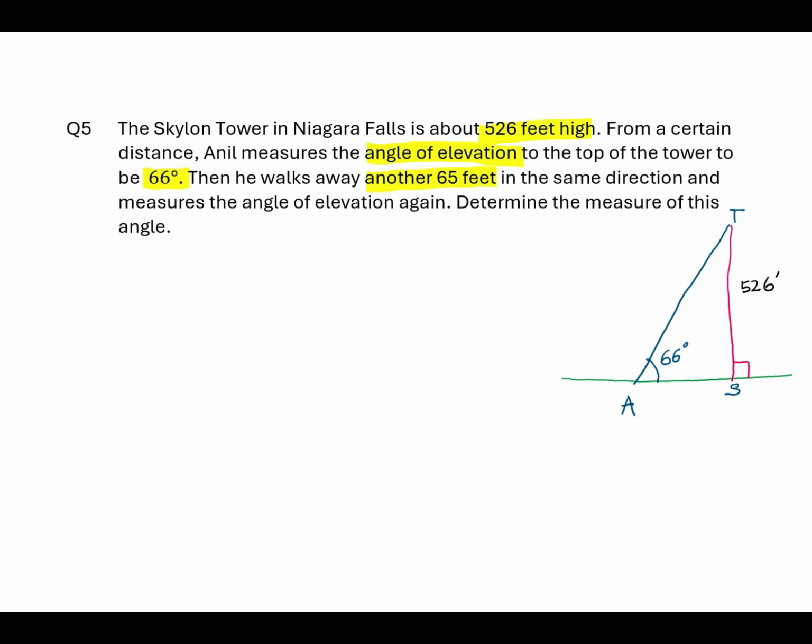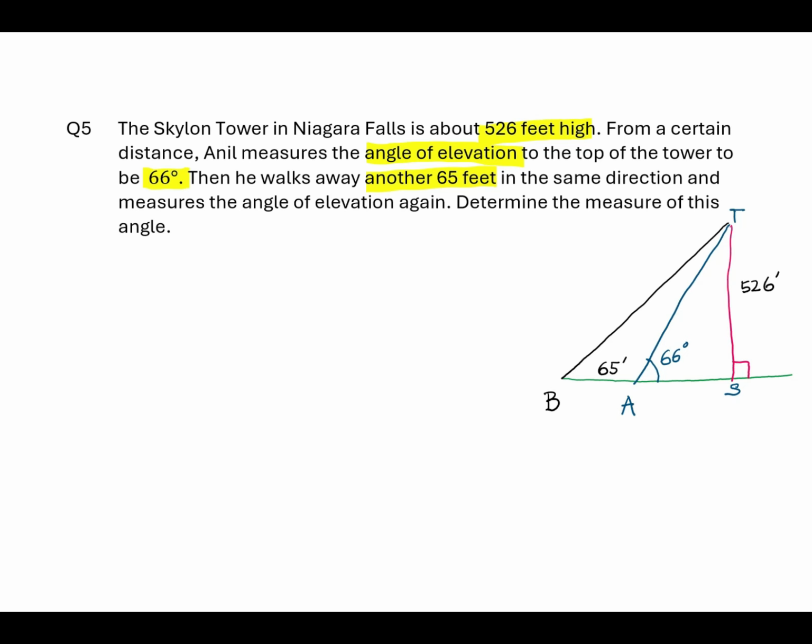He then walks away 65 feet. So we know he walks away means it will be kind of like this to the position B. And from A to B, it is 65 feet. Determine the measure of this angle of elevation.